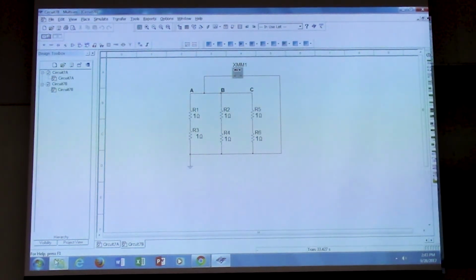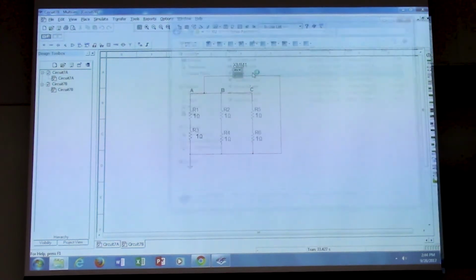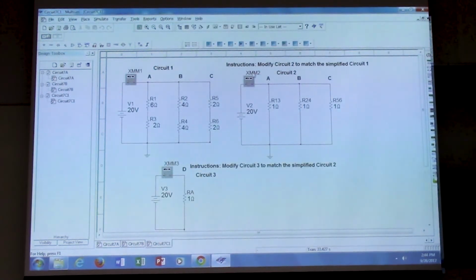Part C is a little bit trickier. So part C, what's going on is that we're looking at this first circuit, circuit 1, and we're trying to do what I did on the board, where we take a complicated series parallel circuit and simplify it step by step. Okay.